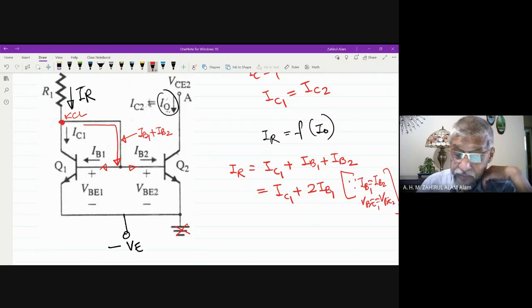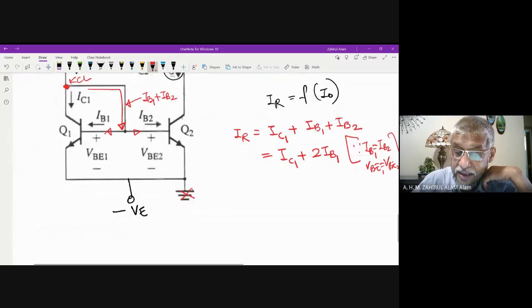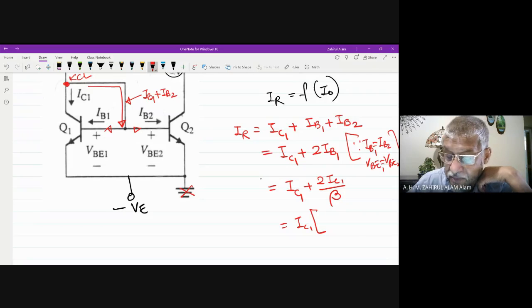So then if it is true, then I can also change this IC1 plus 2IC1 divided by beta. So I can write IC1 times (1 plus 2 by beta).